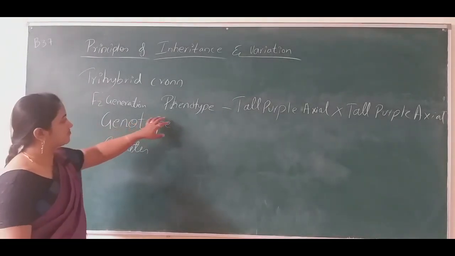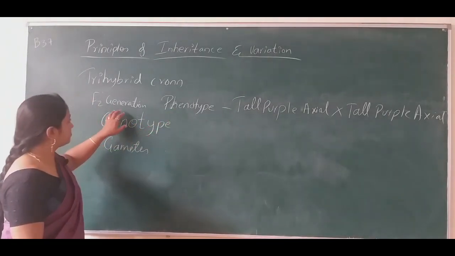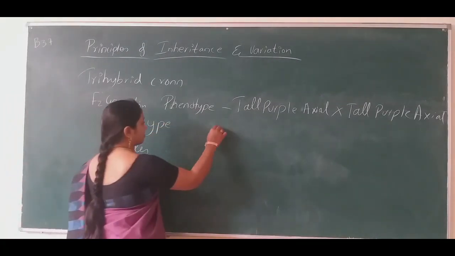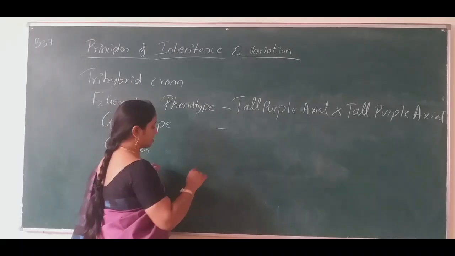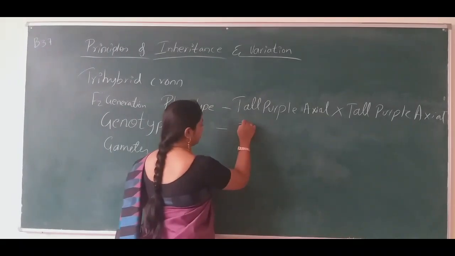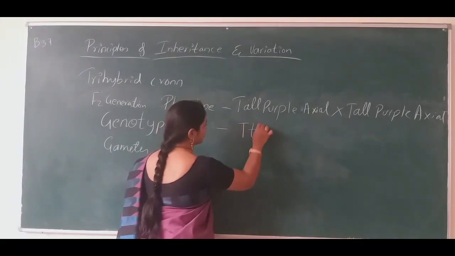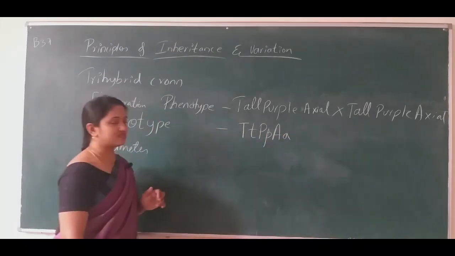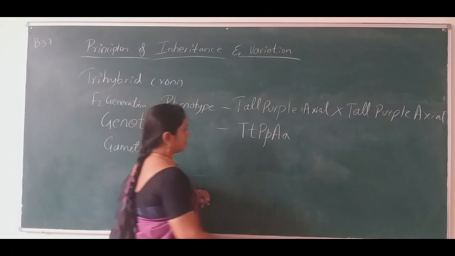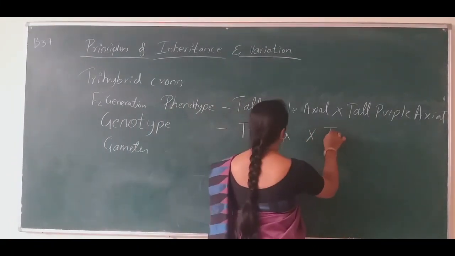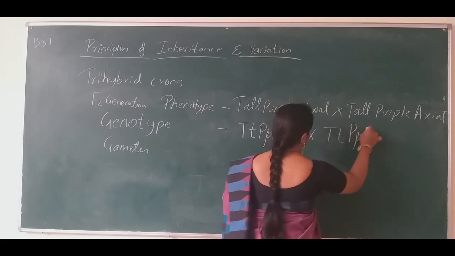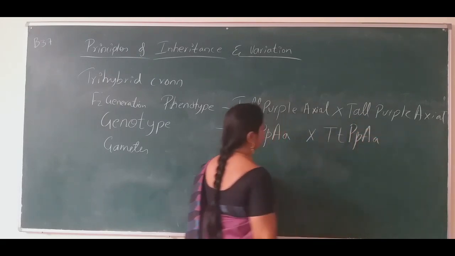The genotype of the F2 generation, you have to write carefully. It is not in a homozygous condition, it is in heterozygous condition. Like this: capital T, small t, capital P, small p, capital A, small a.